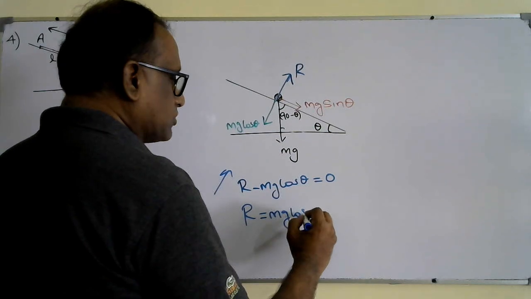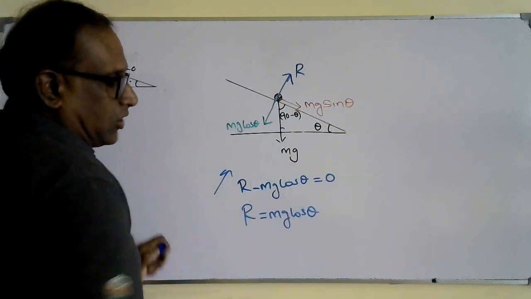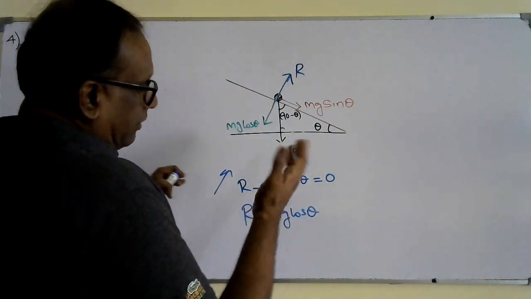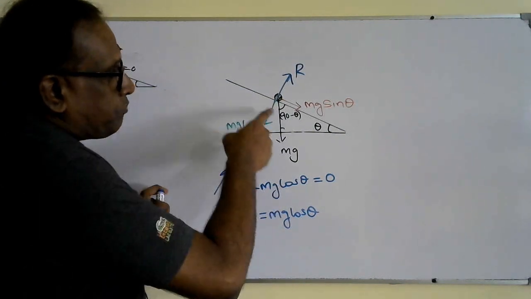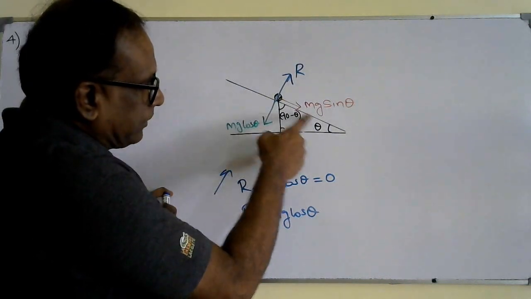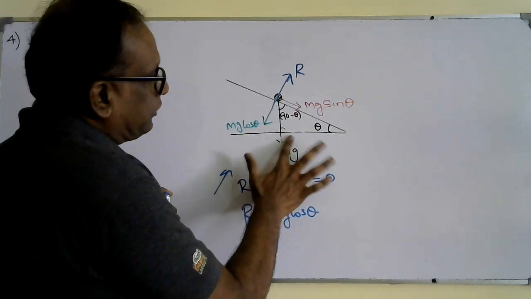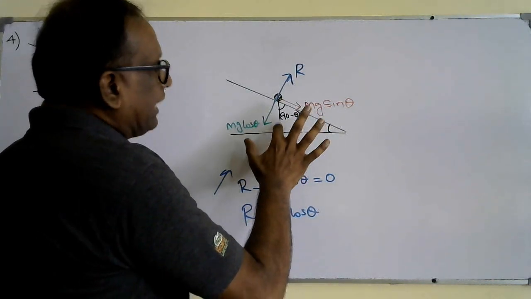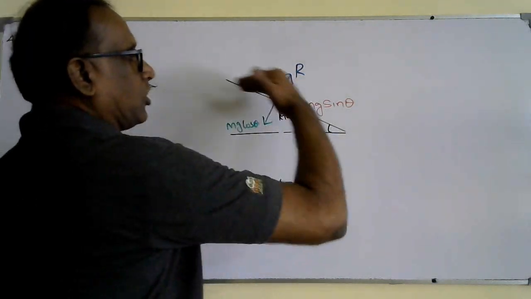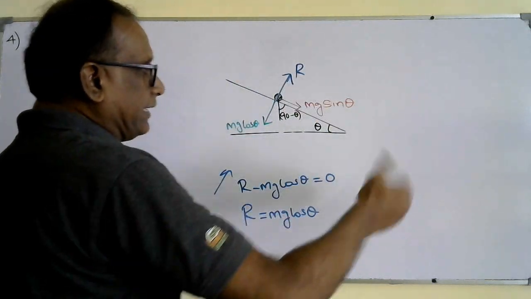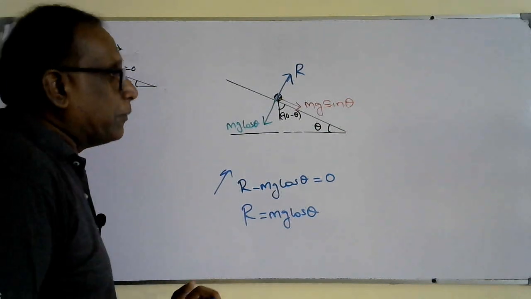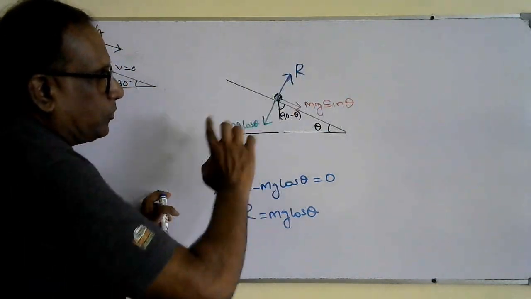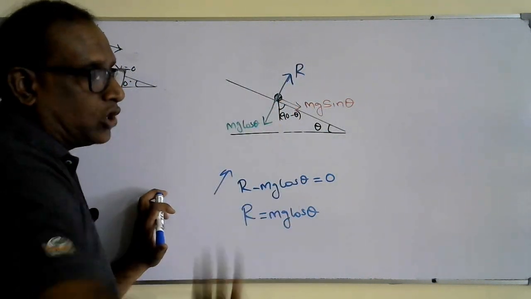Remember these things, you can use them directly. Earlier also I explained that in one of the papers. So the component of the weight along the plane down is mg sin theta. Now I don't need to show the weight because I have resolved it into two perpendicular components, mg sin theta along the plane down and mg cos theta perpendicular to the plane.